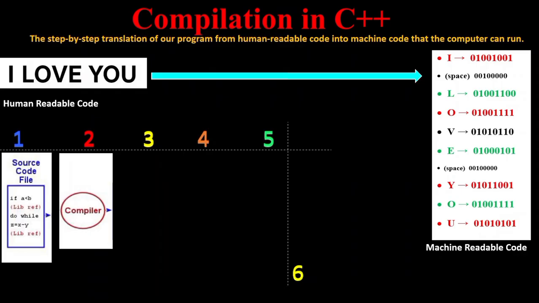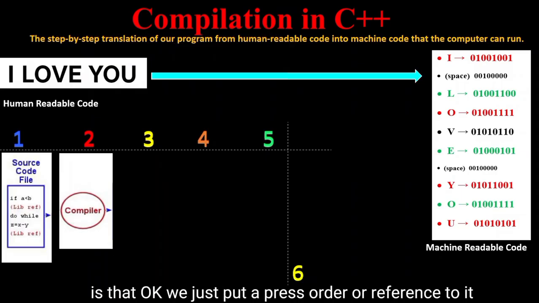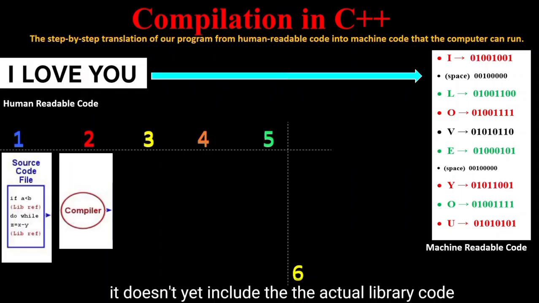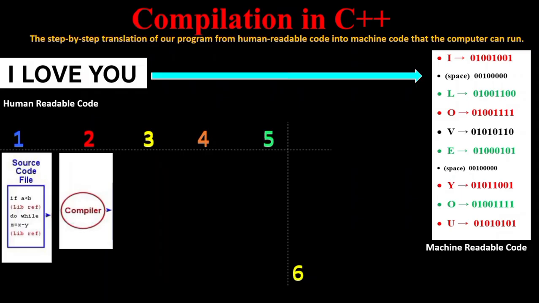It changes our English like code into binary instructions like zeros and ones. However, if our code uses a library function, the compiler just puts a placeholder. Is that okay? We just put a placeholder or reference to it. It doesn't yet include the actual library code. So the actual library code will come in stage 4.